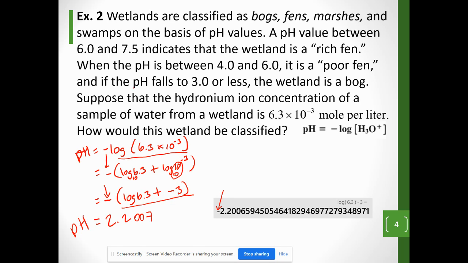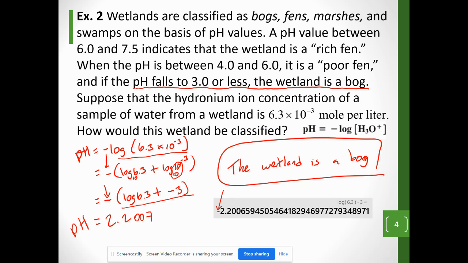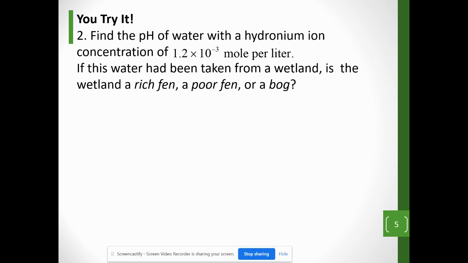Remember how we had that if the pH falls to 3.0 or less, a wetland is considered a bog. So in this case, the wetland is a bog. Right? My pH was less than 3. Now you guys try these.